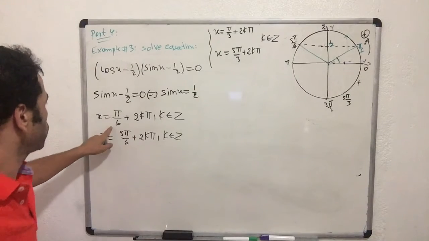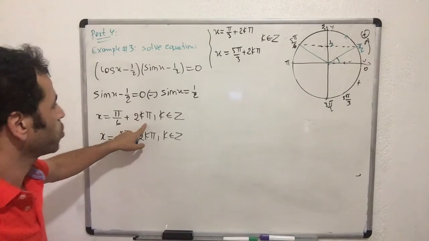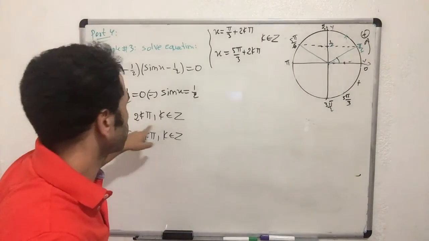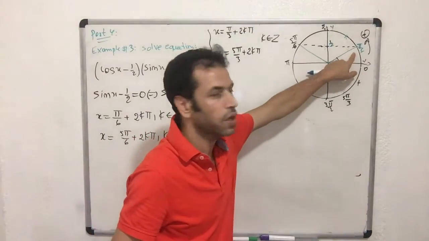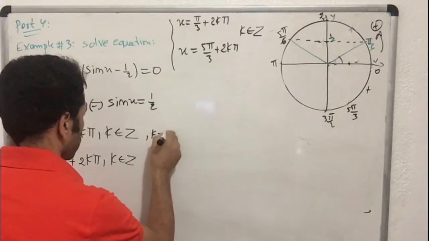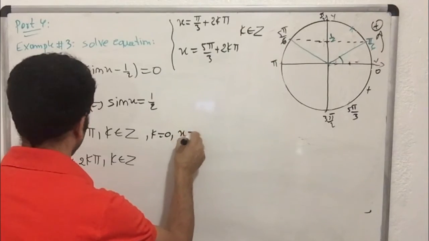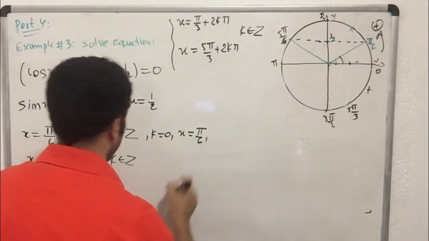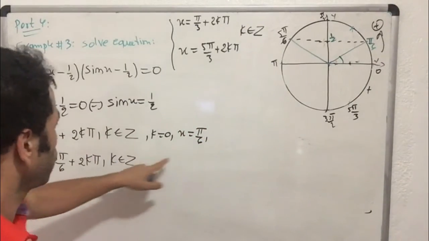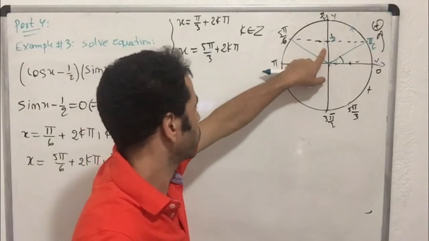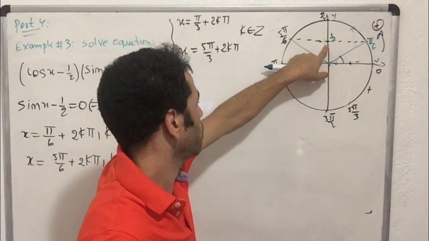So if you put k equal to 0, that means x equal to pi over 6. That means sine of pi over 6 equal to 1 over 2. You will have this value.